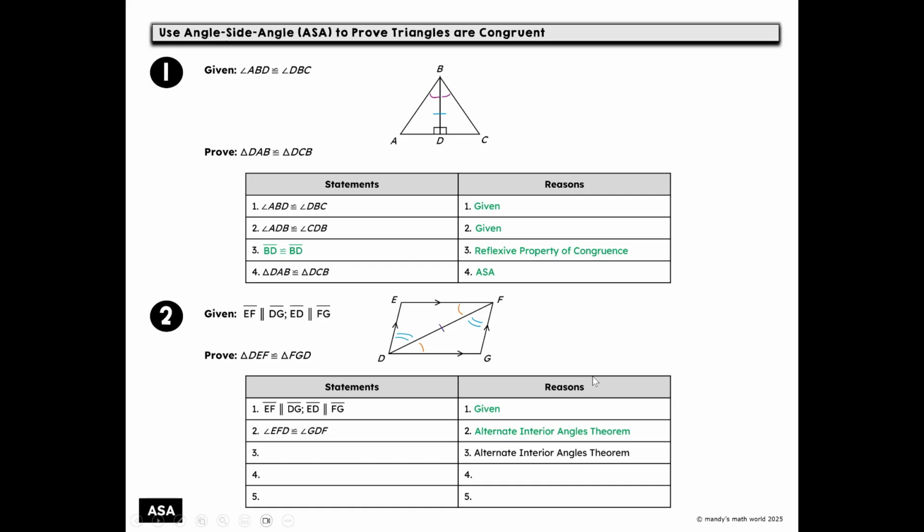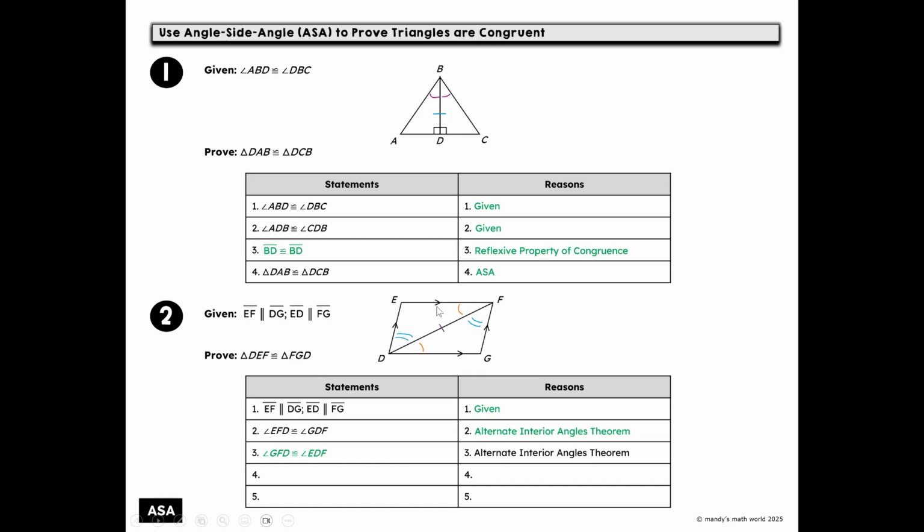Now for the next one, the reason is again alternate interior angles, because these lines are parallel, and here's my transversal. Now I can conclude these angles are congruent by the alternate interior angles theorem. And that is angle GFD and angle EDF.